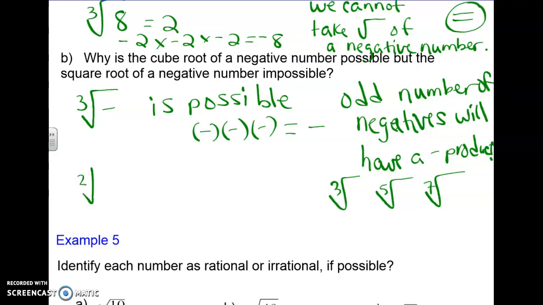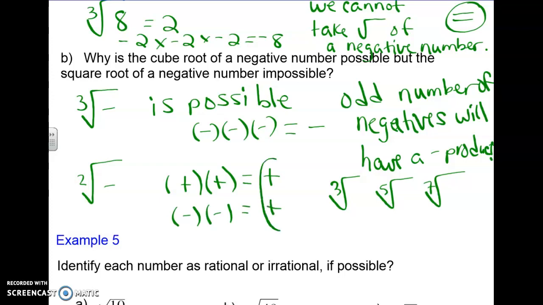However, if I'm trying to find the square root of a negative, the only way I can get 2 identical factors is if I have a positive multiplied by a positive. That gives me a positive answer. Or again, a negative multiplied by a negative is positive. I'll always have a positive radicand.